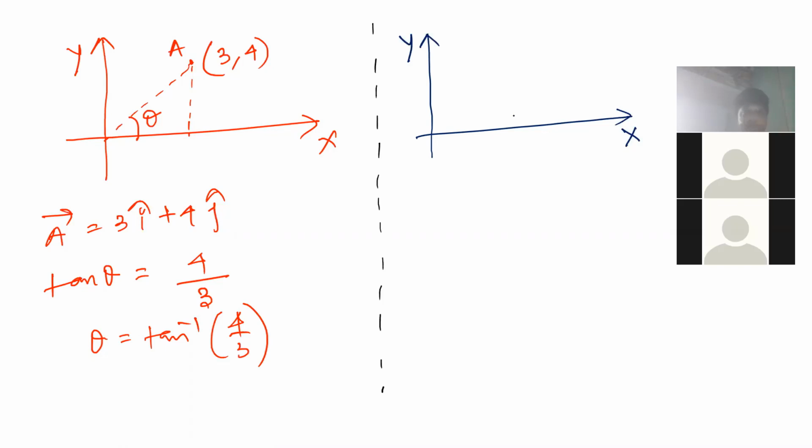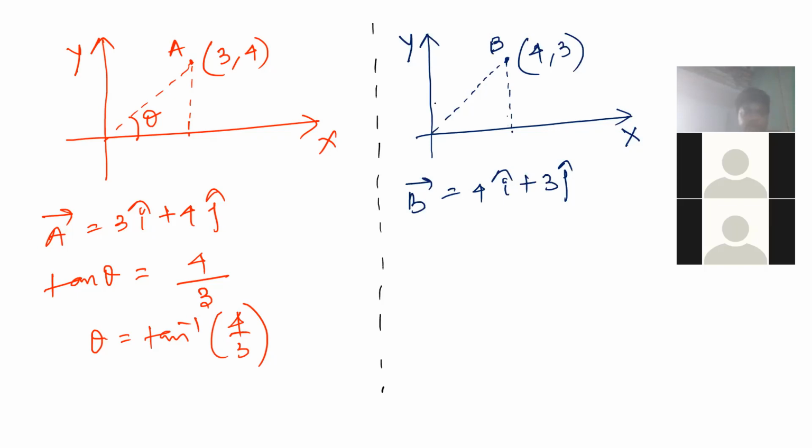Now the b vector is represented as 4 i cap plus 3 j cap. So I can say that the position of the object B should have the coordinate 4 comma 3, right? If I join that with a dotted line from the origin, it will look like this.